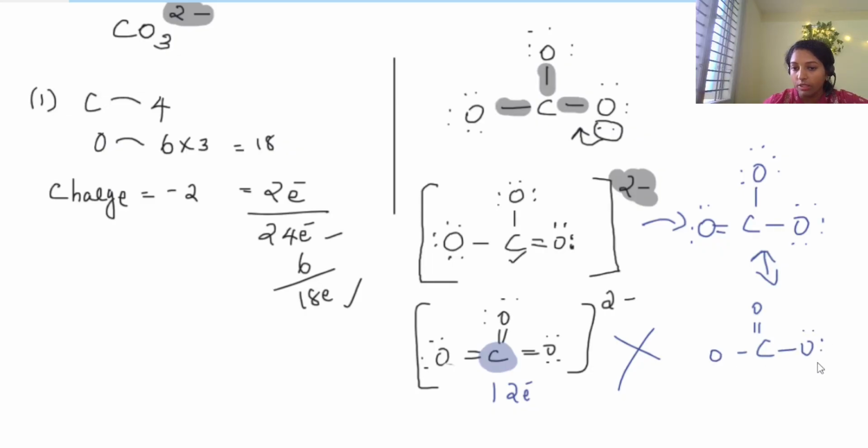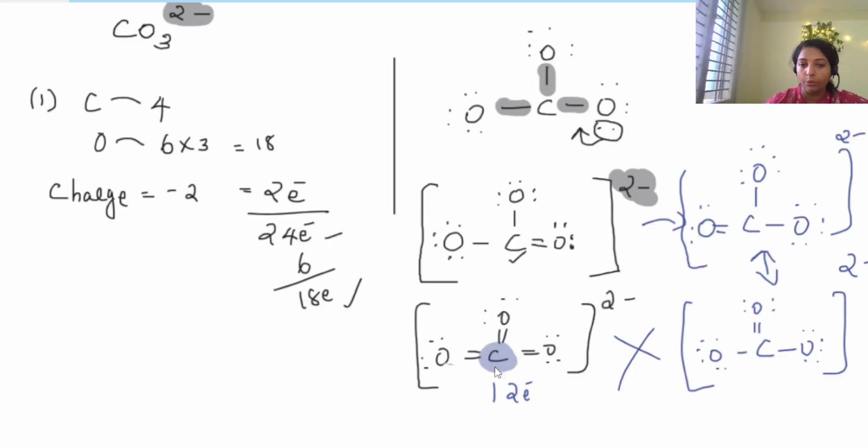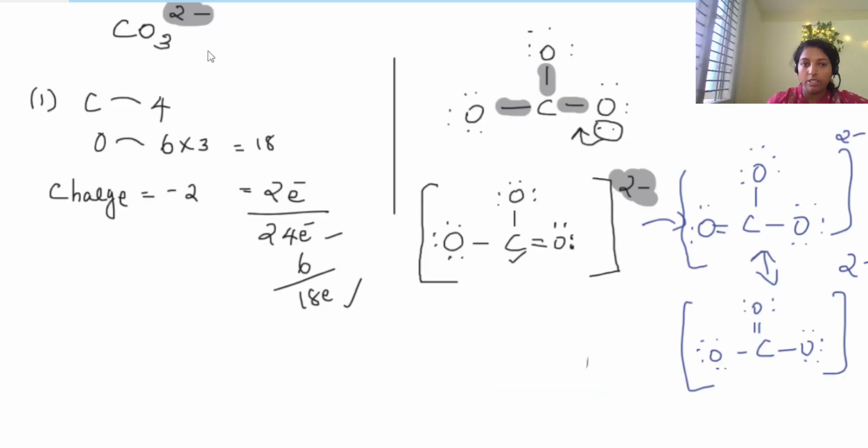For all the single bonds, 6 electrons are there, and for the double bond, 4 electrons are there. These are correct, no issue. But we can't do it with this one, so I'm erasing that one. These three are correct. You can draw like this. This is the whole Lewis structure.